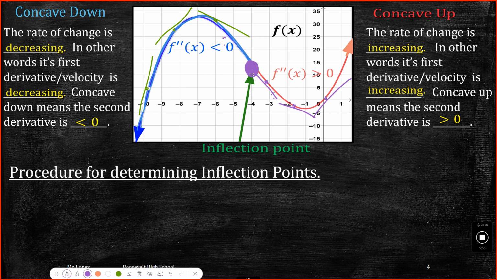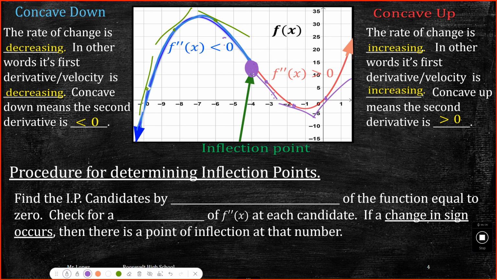So find inflection point candidates by setting the second derivative of the function equal to 0. Find that critical point, then check for a change in sign of the second derivative at each candidate. If a change in sign occurs, then there is a point of inflection at that number.